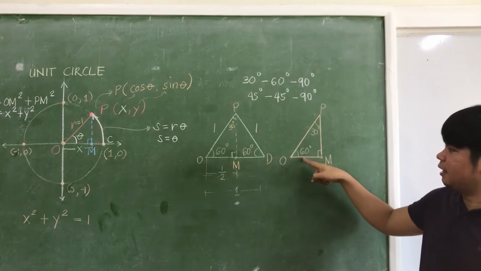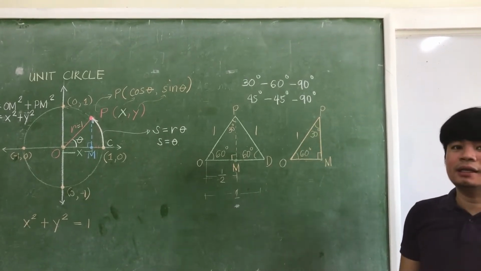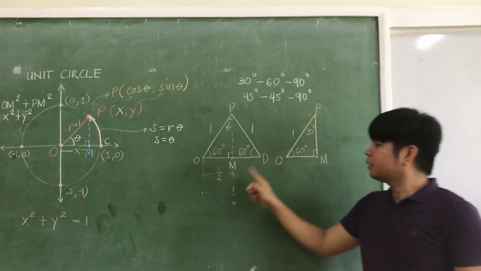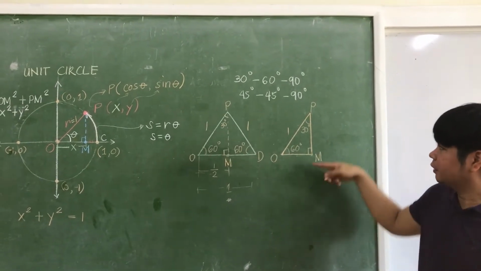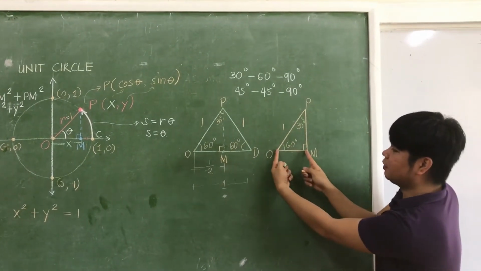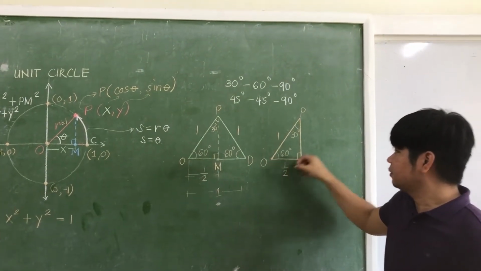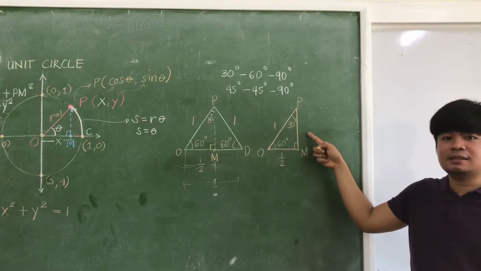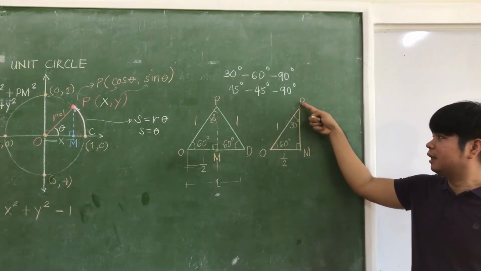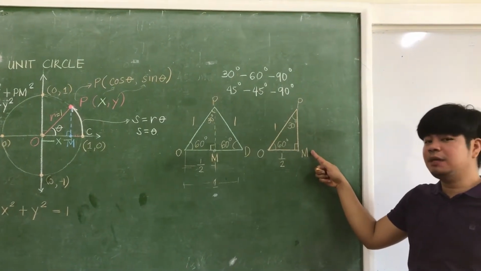The length of the hypotenuse is still 1. The angle at O is 30 degrees, and the length of OM is now 1/2. So what is the length of PM?